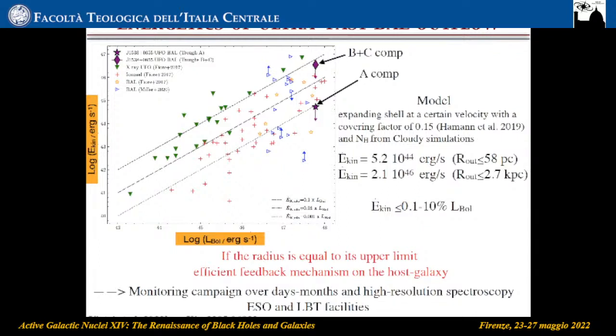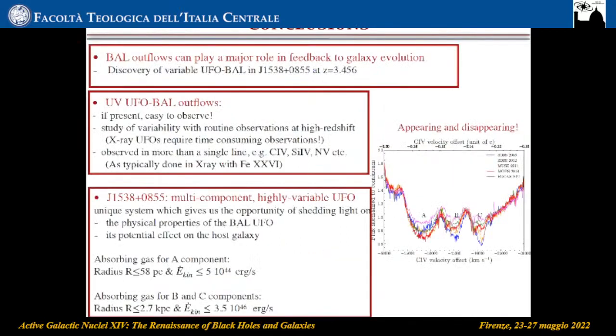So just a brief recap, we have seen that such outflows could have an impact on the host galaxies. And these outflows are also easy to observe, since they require very cheap observations. Instead, X-ray UFOs at this redshift require more time-consuming observations and are also observed with different ions.